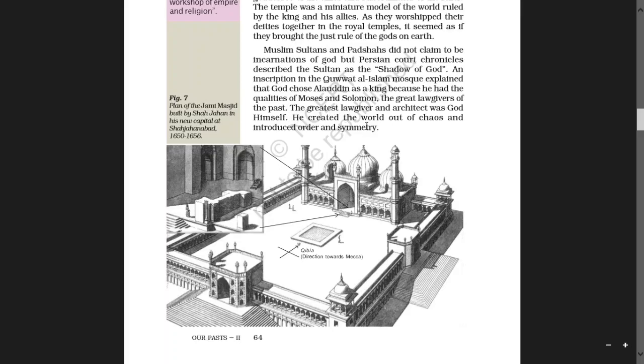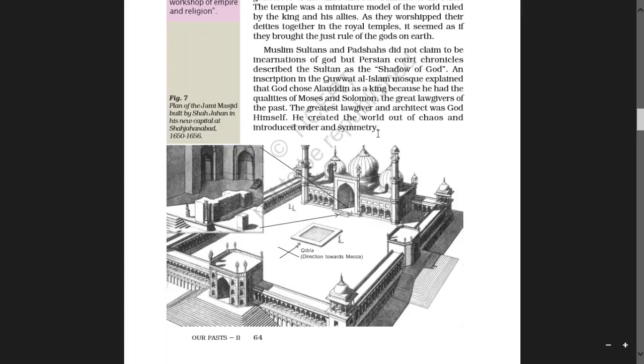He created the world out of chaos, and God and goddesses created the world out of chaos. Chaos means complete disorder or confusion, and out of it they introduced order and symmetry.